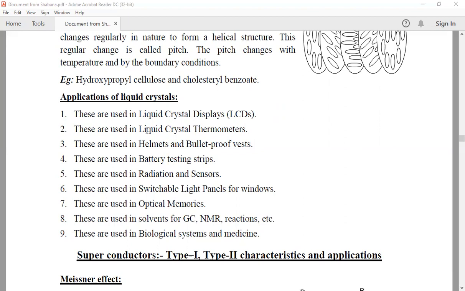Thermotropic chiral liquid crystals vary their pitch with changing temperature, as a result of which the color of the material changes as the temperature changes.